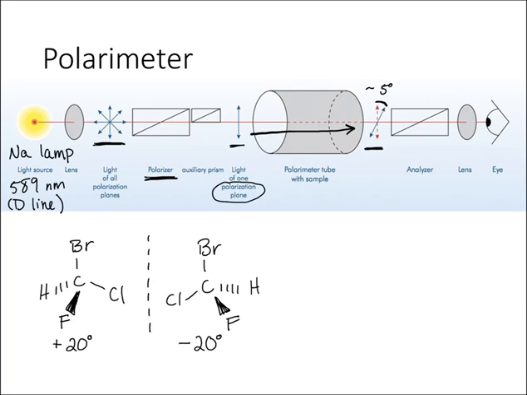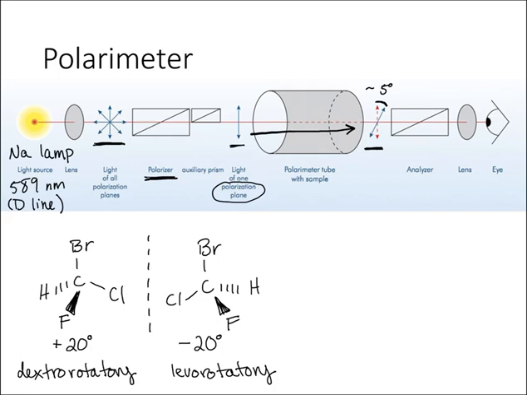So the molecule on the left, because it's rotating light in a positive direction, that's referred to as dextrorotatory. And if something rotates light in a negative direction, that's referred to as levorotatory.